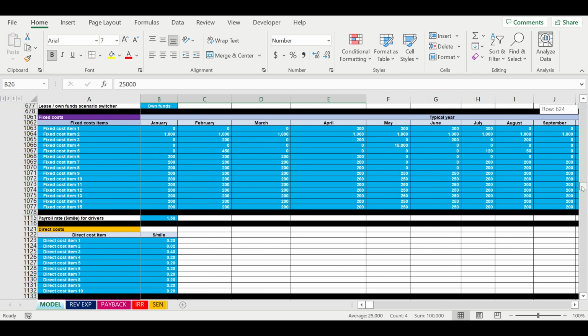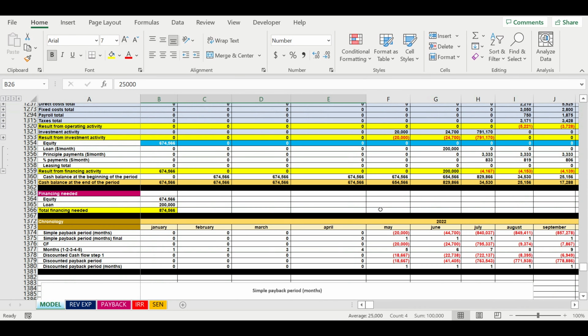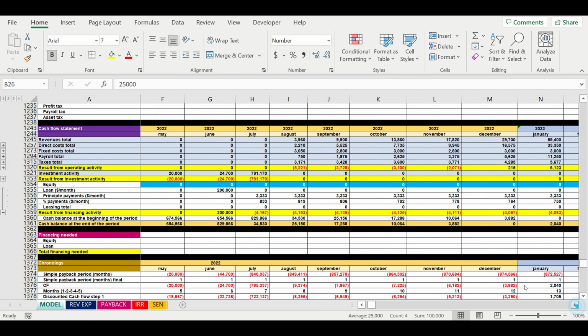So if we go further to the cash flow statement, and go to the result from operating activity, we will be able to see the operational losses during the first 4 months of operating activity.